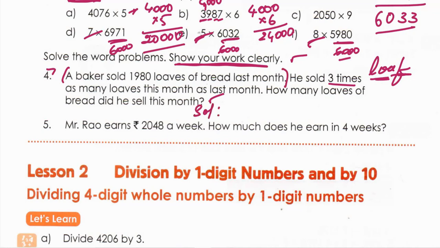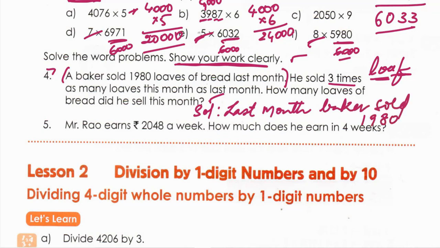A baker sold 1980 loaves of bread last month. You should not copy it exactly the same; change it a little bit and write it in the form of a statement. The baker sold how much? 1980 loaves. He sold 3 times as many loaves this month as last month.